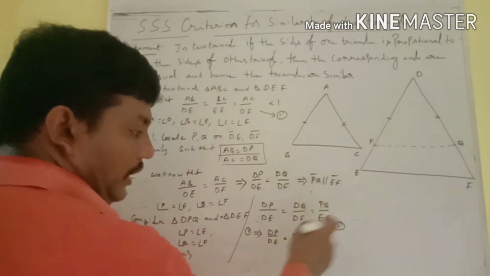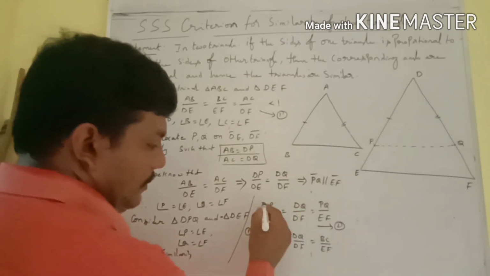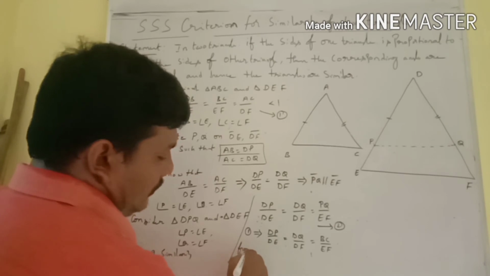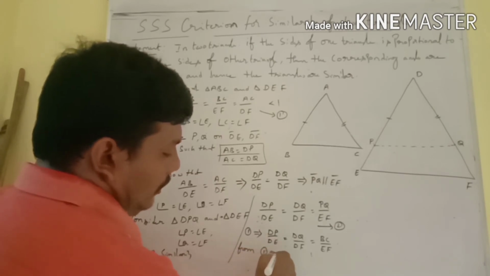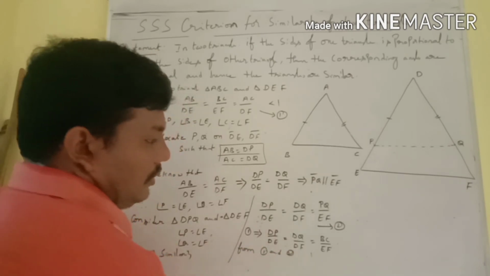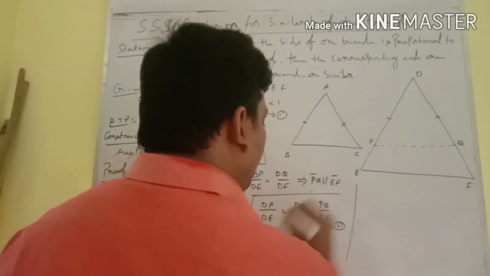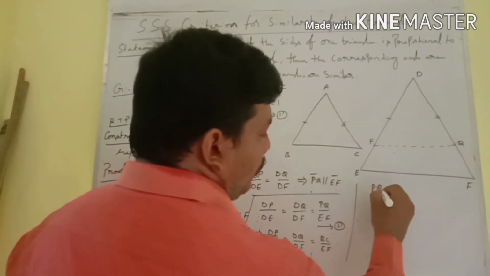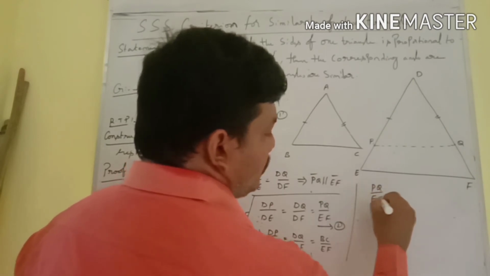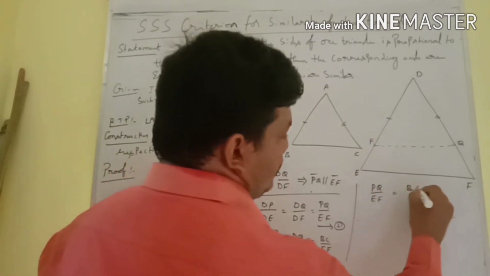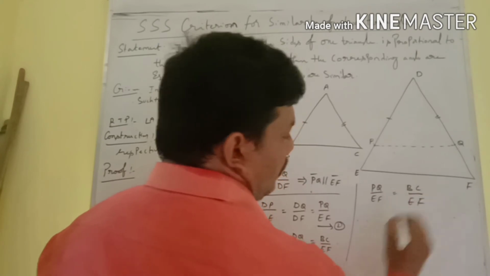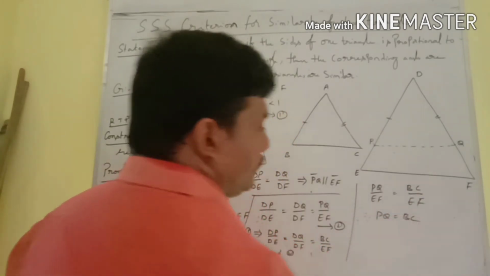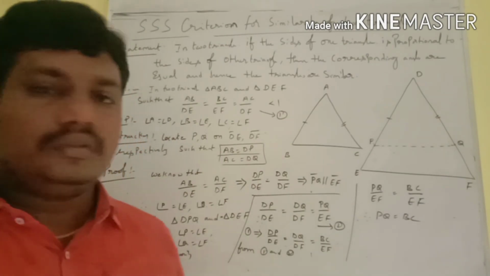From equations 1 and 2, what happens? PQ by EF is equal to BC by EF. So therefore PQ is equal to BC.